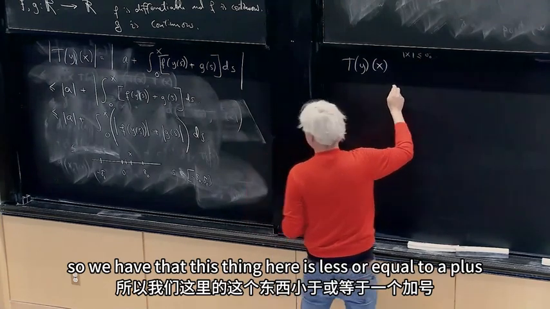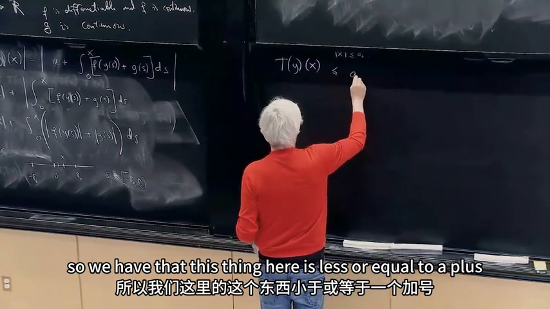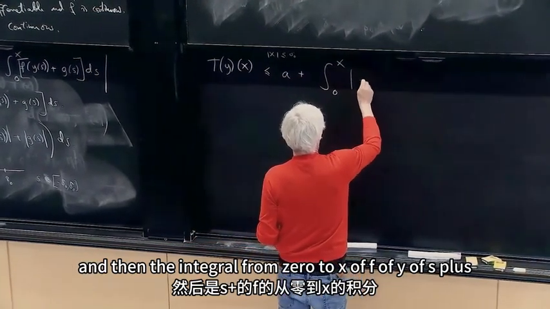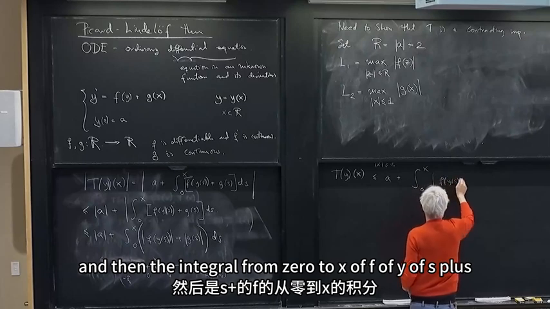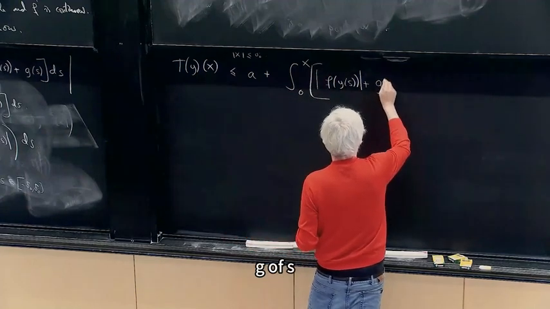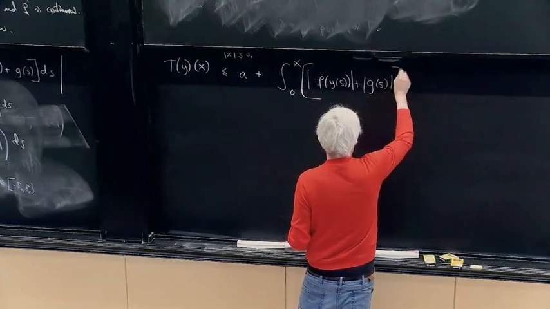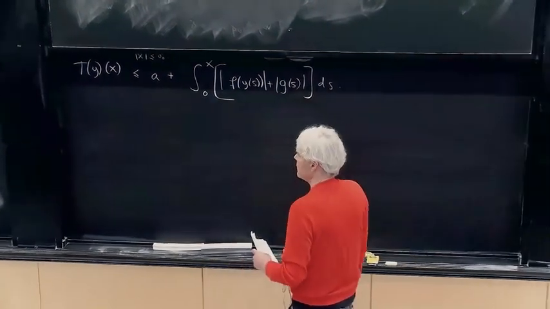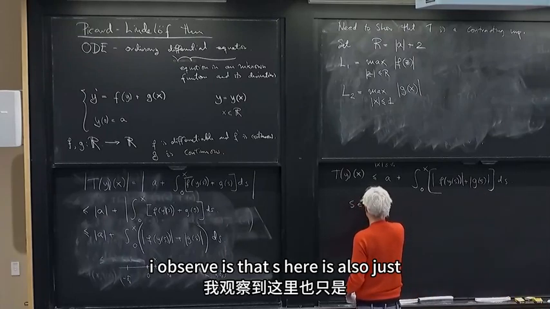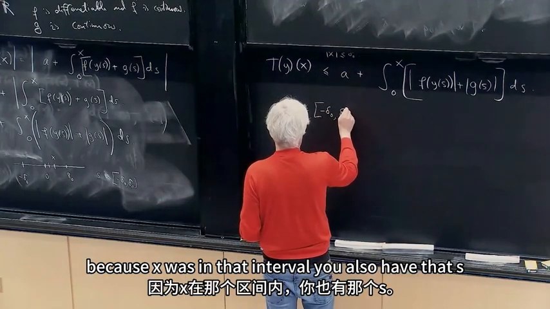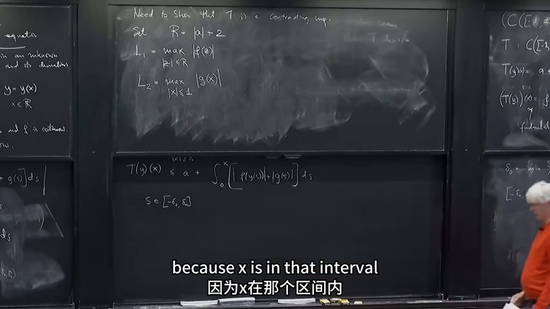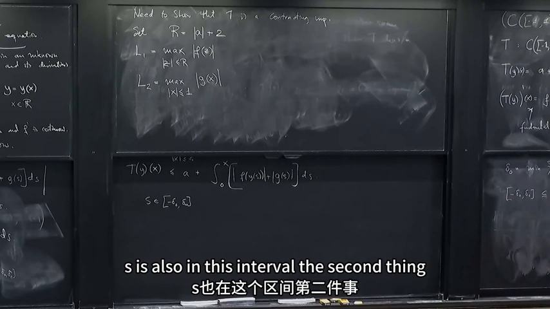So we have that this thing here is less or equal to |a| plus the integral from 0 to x of |f of y of s| plus |g of s| ds. The first thing I observe is that, just because x was in that interval, s is also in this interval.